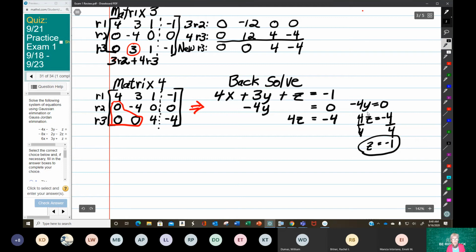And -4 times what is going to equal 0? I can divide both sides by -4. I don't really have room to do that. Divide by -4, divide by -4, and I get 0. So y equals 0.